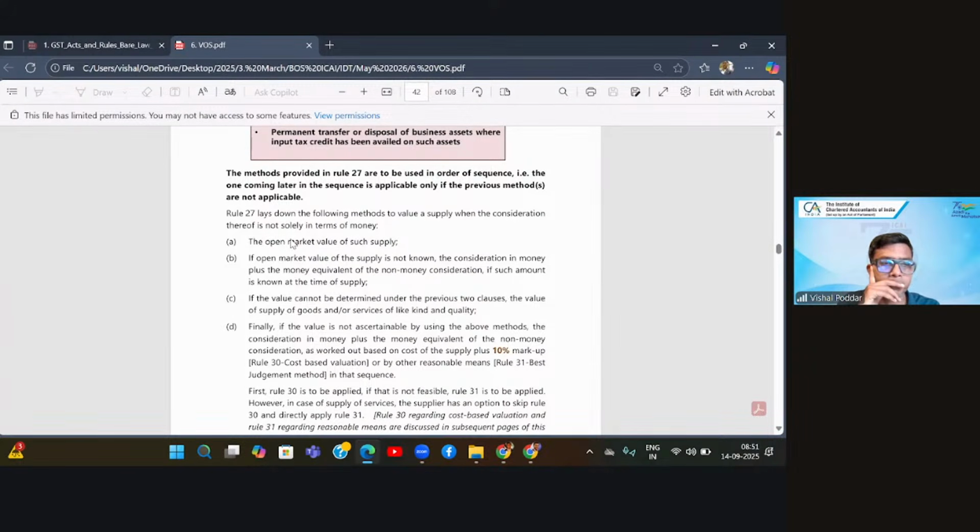Sir, in B, I have a small doubt. Please go ahead. In the example that you explained, the recipient of service will give money, 5,000, plus cloth. In the provision, it is written that consideration is money plus money equivalent of non-money consideration. So in this case, if only cloth is given, then also we can value as per clause B only?